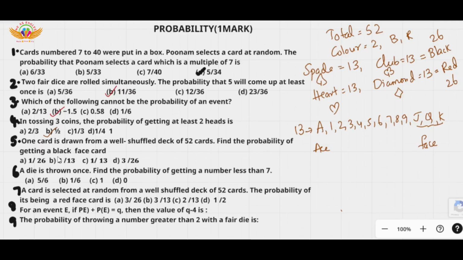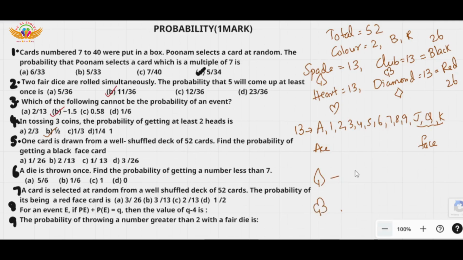Find the probability of getting a black face card. How many black cards will be there in total? 26 will be there. In this 26, we have to find the face cards. We know already that the face cards are Jack, Queen and King. We have only 2 shapes in black, the spade and also the club.